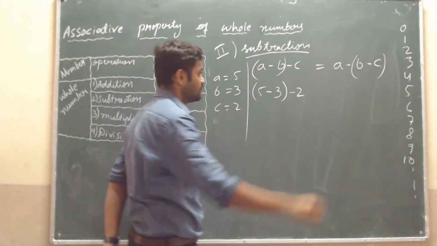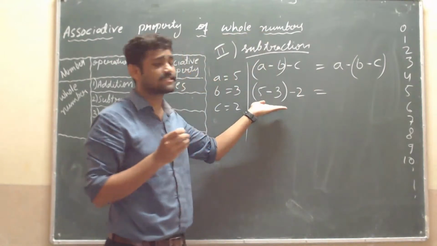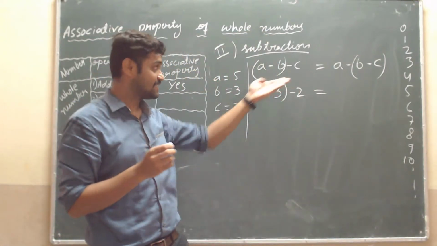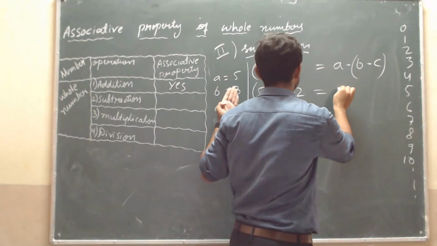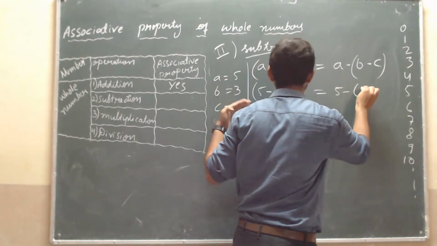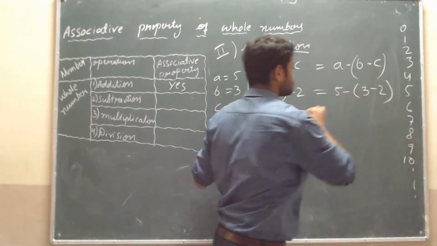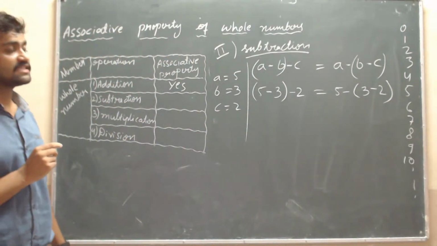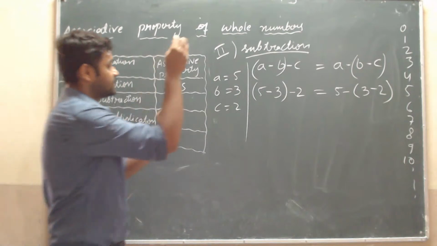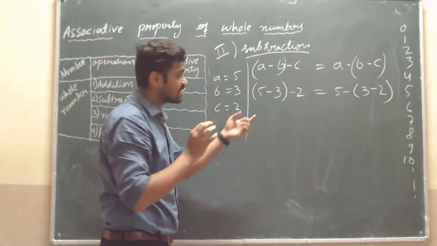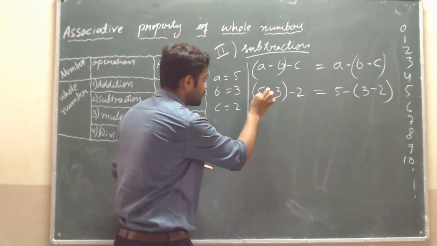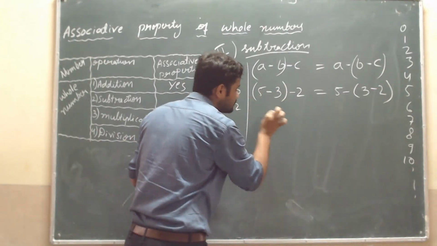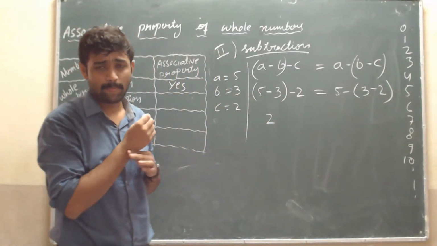Okay, then this is about the LHS side. Then RHS side: a is 5 minus, b is 3 minus 2. Isn't it? Then 5 minus 3. First I will solve this by bracket. 5 minus 3, that is 2.